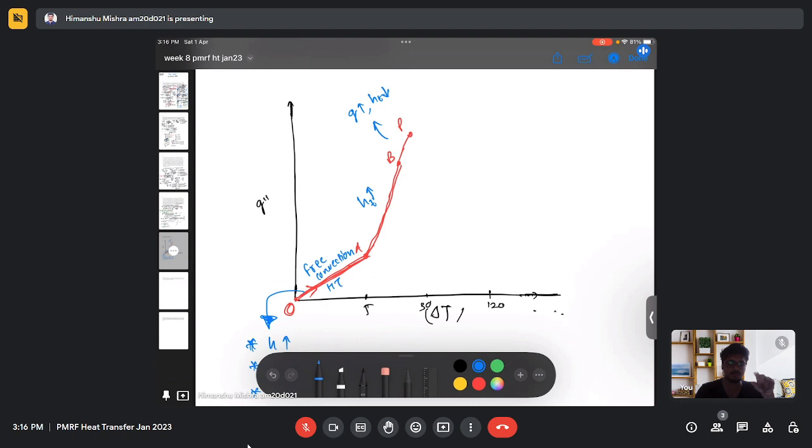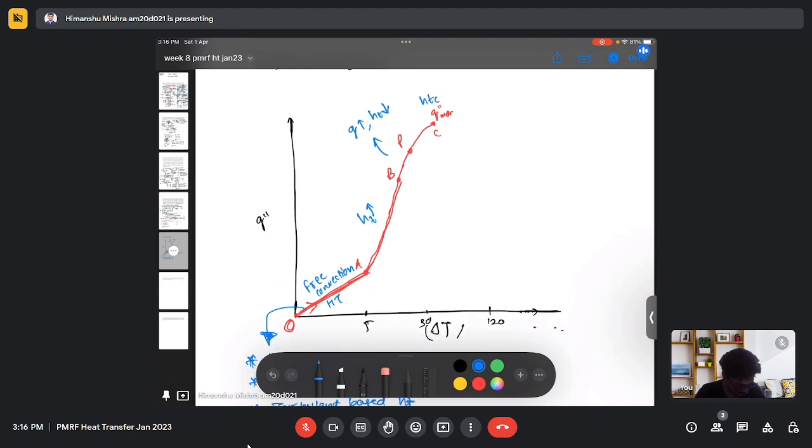Since bubbles are voids of air, the heat transfer coefficient of air is less than that of the surrounding fluid. Then at some point it will reach a maximum heat flux. Let's say this is my point C; my heat transfer coefficient here is less than at D and even at P.